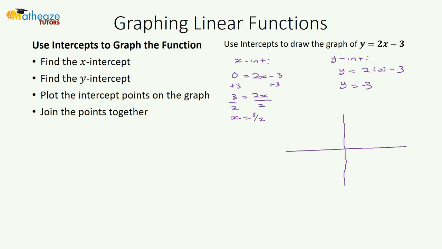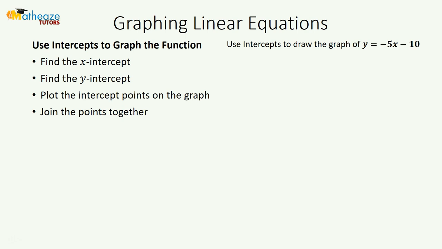So this is 3 over 2, and this is negative 3. And now we're going to draw a line that joins both points together. So this is the line that joins both points together, and this is the graph of y equals 2x minus 3.